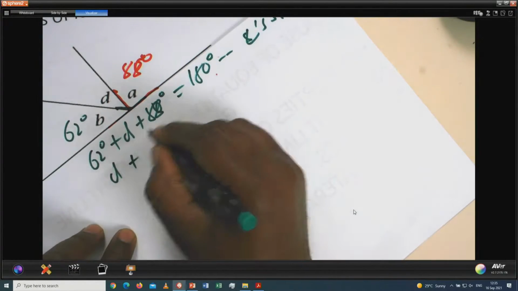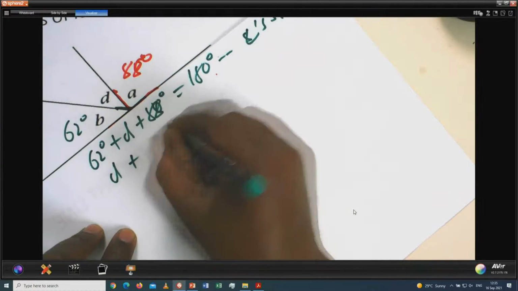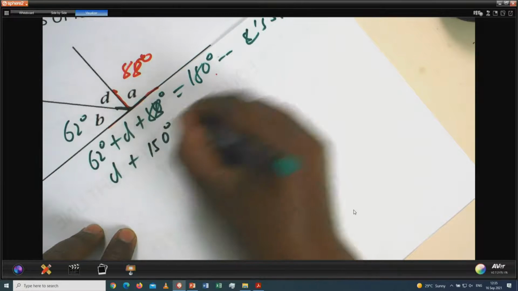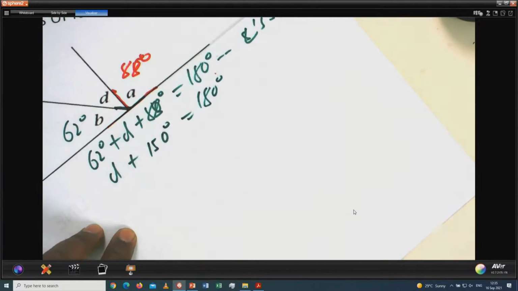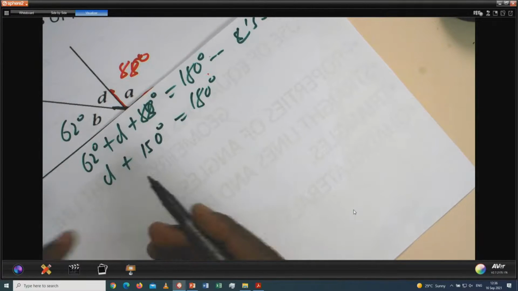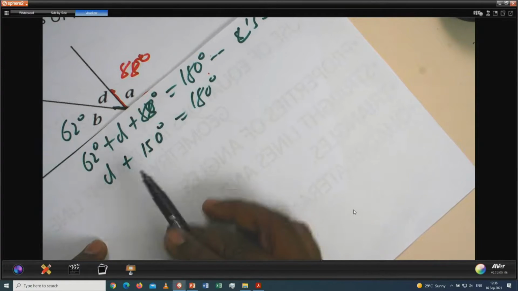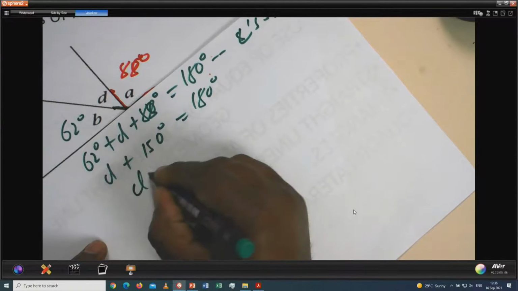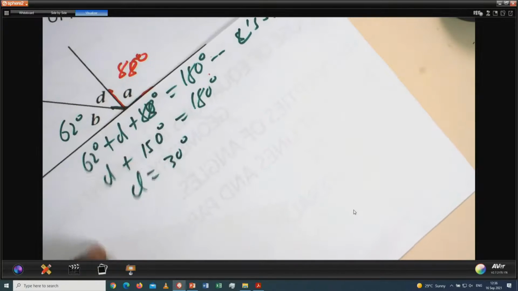And then D plus 150 equals 180 degrees. Depending whether you're in grade 8 or 9, you're just transposing, but look at it, it's clear. For this side to be 180, D must be 30 degrees. Therefore, your D is 30 degrees.